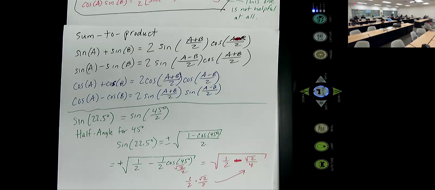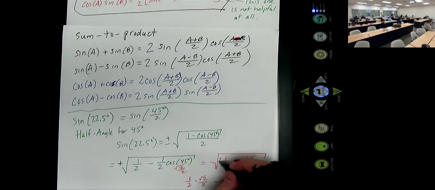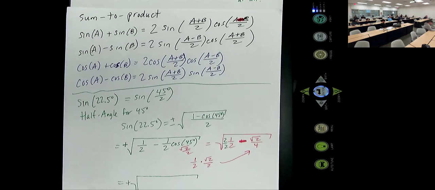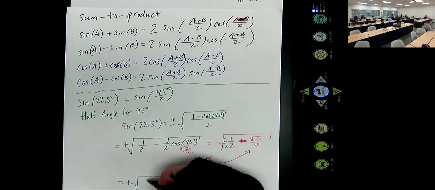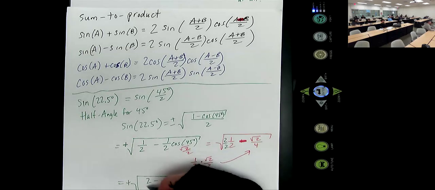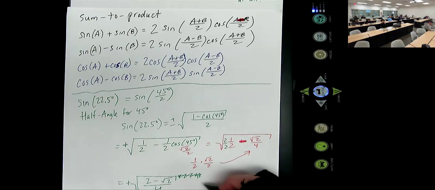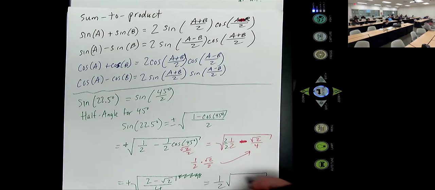Which is ugly if you wanted a common denominator. You could multiply this by 2/2. This is why I'm not testing one, this is lame. 2 minus the square root of 2, over 4. And that is the same thing as 1/2 the square root of 2 minus square root of 2.